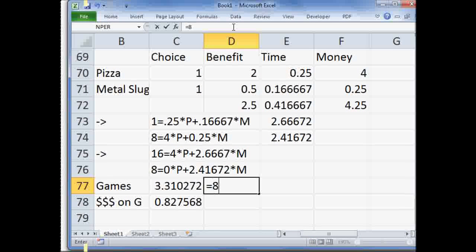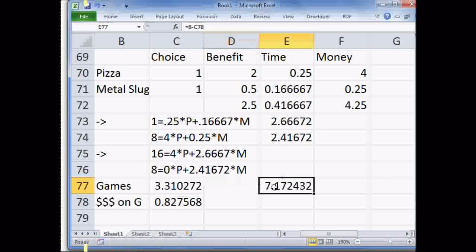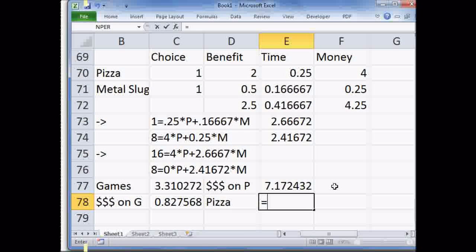So I'm going to do 8 minus the money on games and get that. That's the money on pizza. Which means, what's the number of pizza slices? It's going to be this number of dollars divided by $4 per pizza slice.